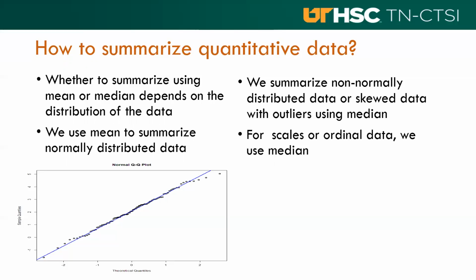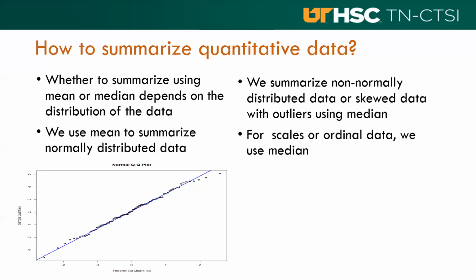For example, if the coach has quite a few players with long height, say 6 feet, 7 feet, but most of the players are say 5.7, 5.8, the coach might want to report the median because most of the players have a low height, so the coach might want to report the median to scare the opposing team.